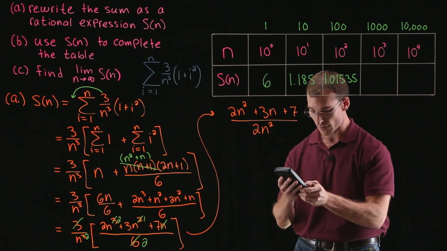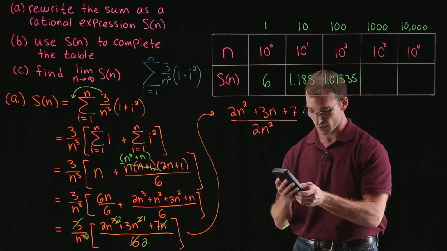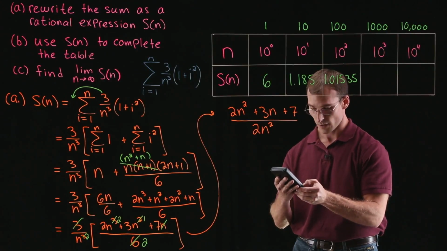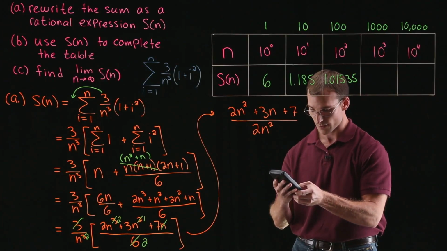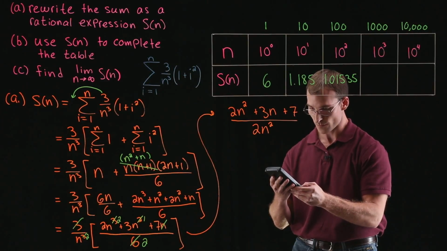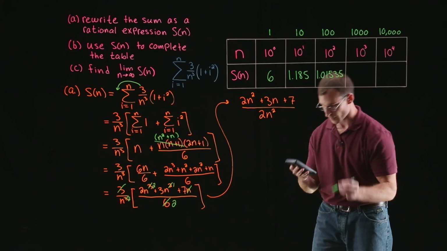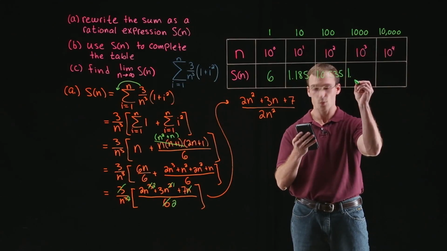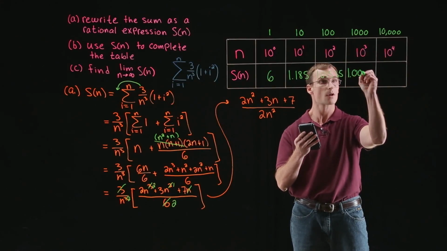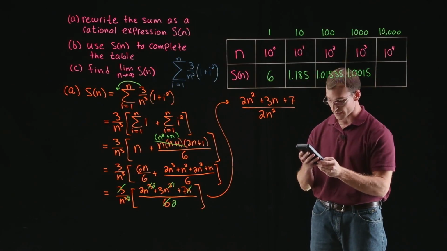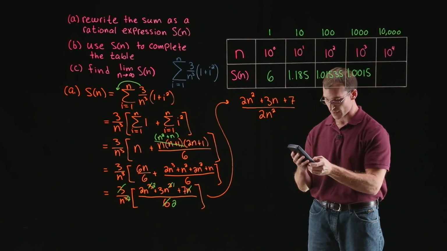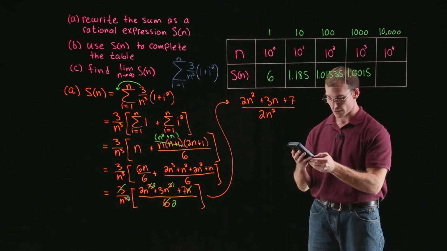And next for 10 cubed, or 1,000, so 2 times 1,000 squared plus 3 times 1,000 plus 7, and all divided by 2 times 1,000 squared, which gives us something approximately equal to 1.0015.